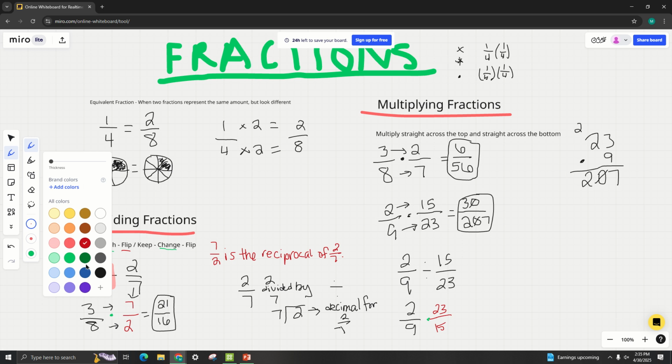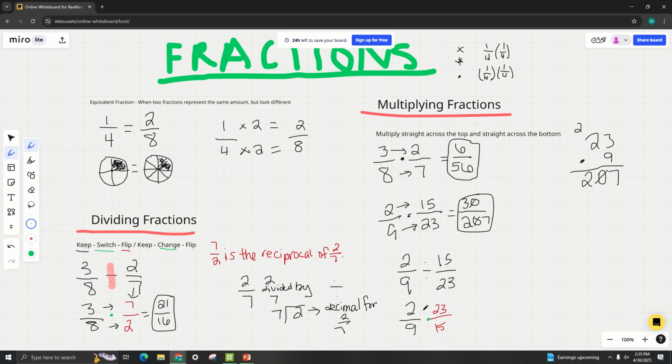And now we can just multiply. So I multiply straight across the top. 2 times 23 will be 46. And then straight across the bottom, let's go ahead and just set this up. 9 times 5 is 45. Carry over my 4 to the tens place. 9 times 1 is 9, plus 4 is 13.